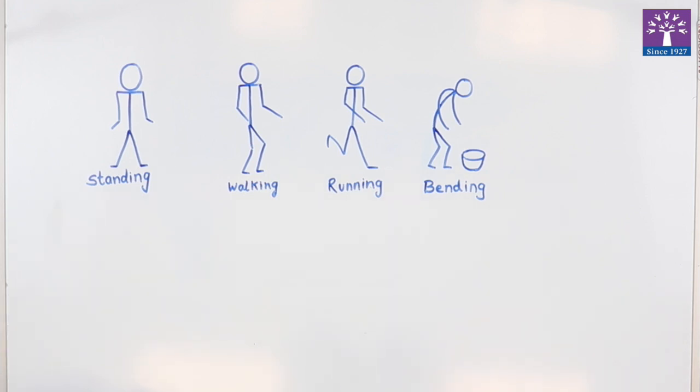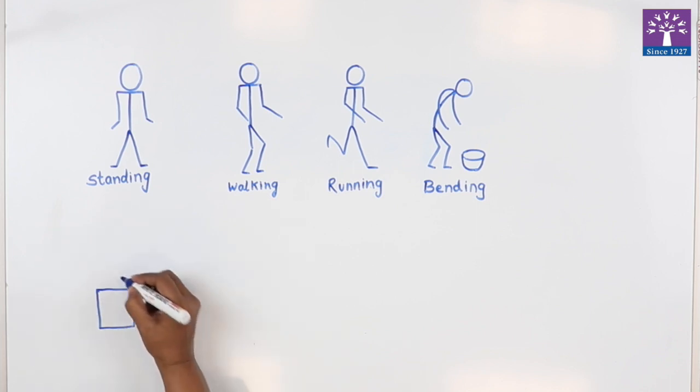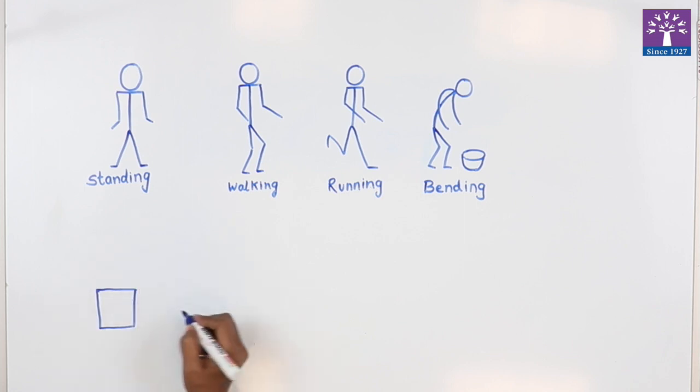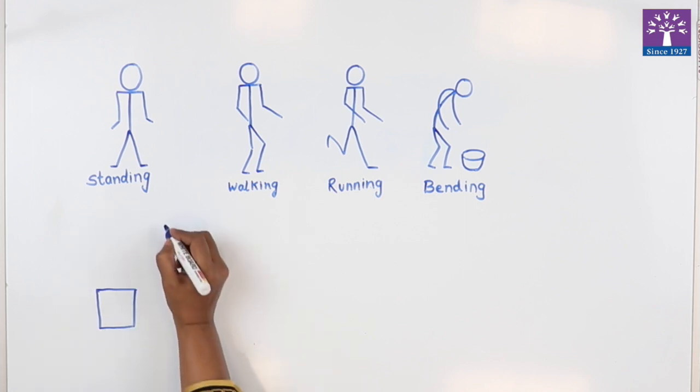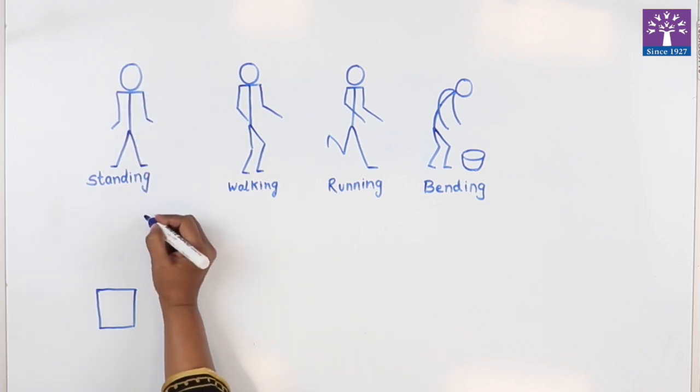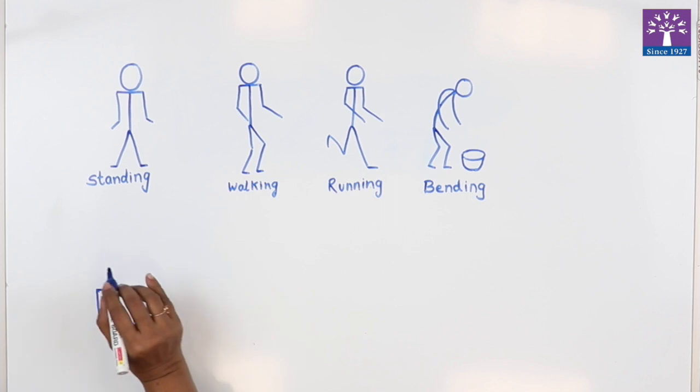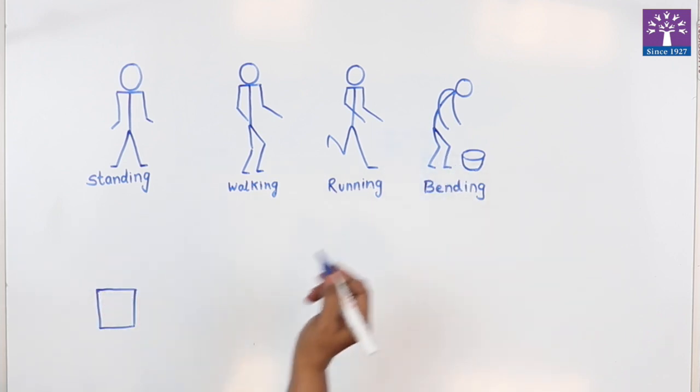Let's draw a jumping figure. So when you're standing on a table, suppose you're standing on this table. You are not supposed to stand on a table and jump down. That's very unsafe. But let's assume that you are standing on this table and you're jumping down from this table. So how will your body look? Will it be upright? No. It will be slightly bending the way we have just learned.